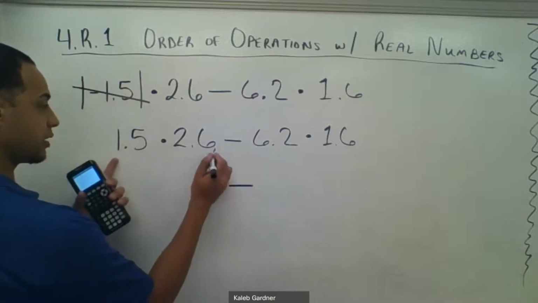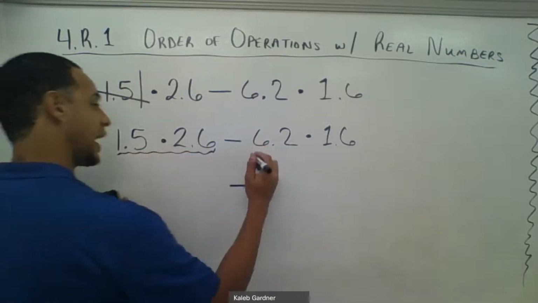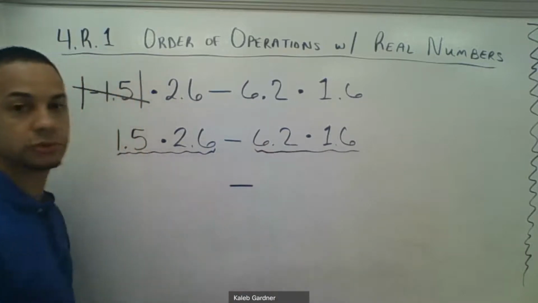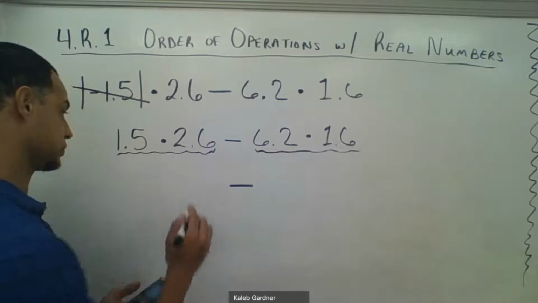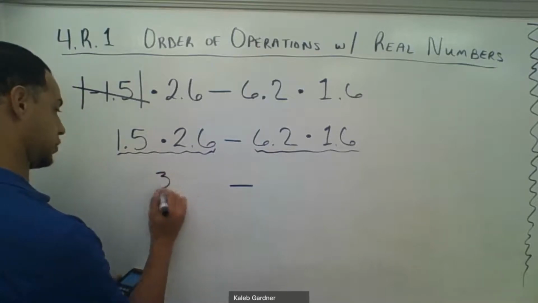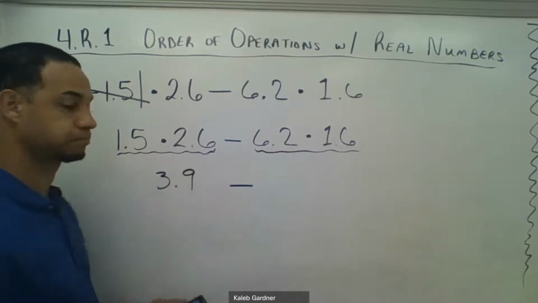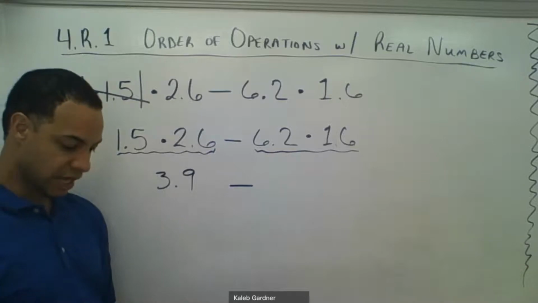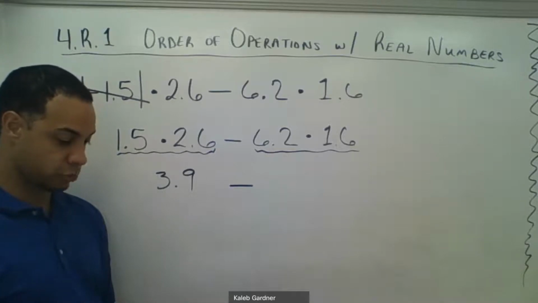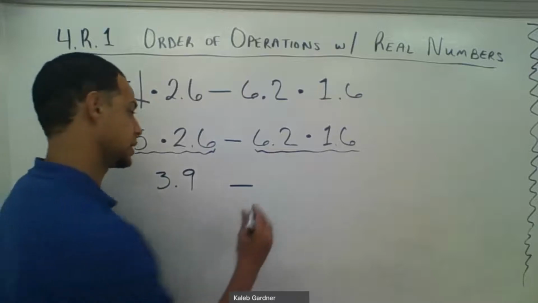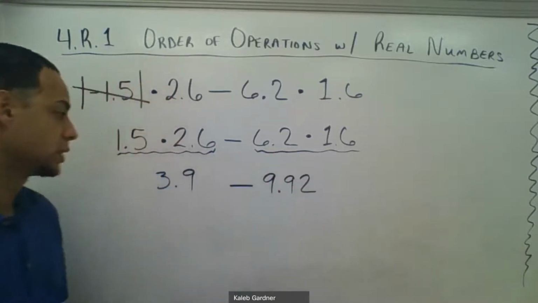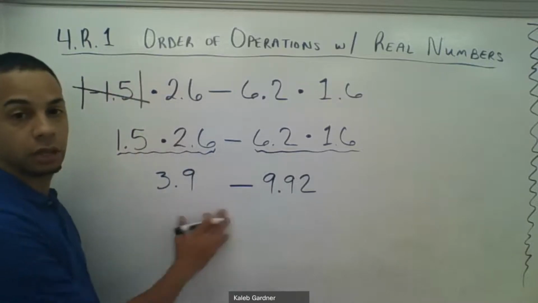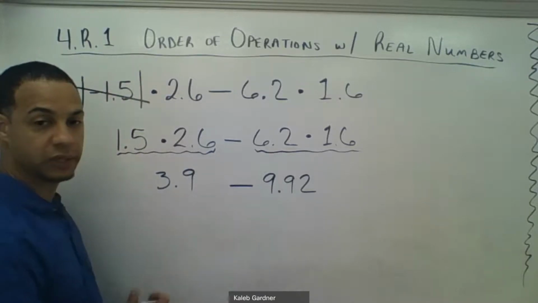Let's multiply these two numbers and also those two numbers. 1.5 times 2.6 is 3.9. And 6.2 times 1.6 is 9.92. Okay, so now we've got 3.9 minus 9.92.